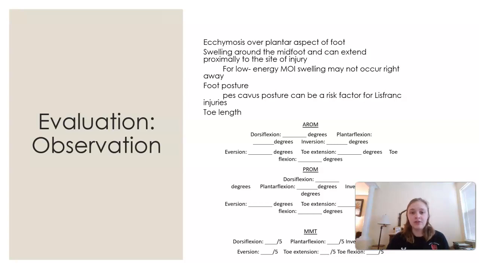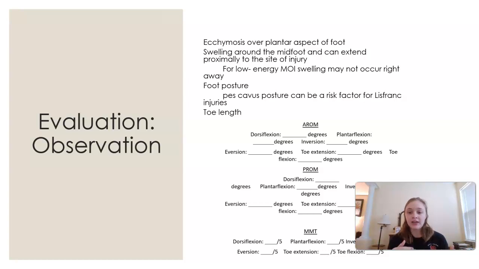We also want to look into foot posture. Having pes cavus foot posture can put you at a little bit more of a risk for LisFranc injuries. Also with that is toe length. When we're doing range of motion, again, like I said before, we want to take into account ankle and foot. So having them do dorsiflexion, plantar flexion, inversion, eversion, and then toe extension and toe flexion.